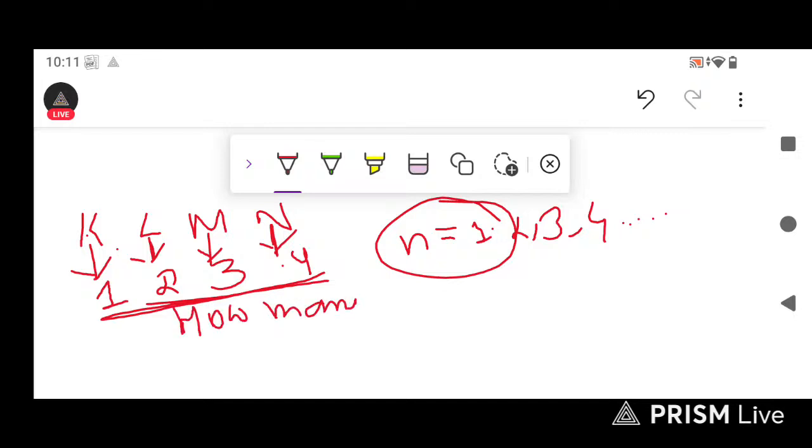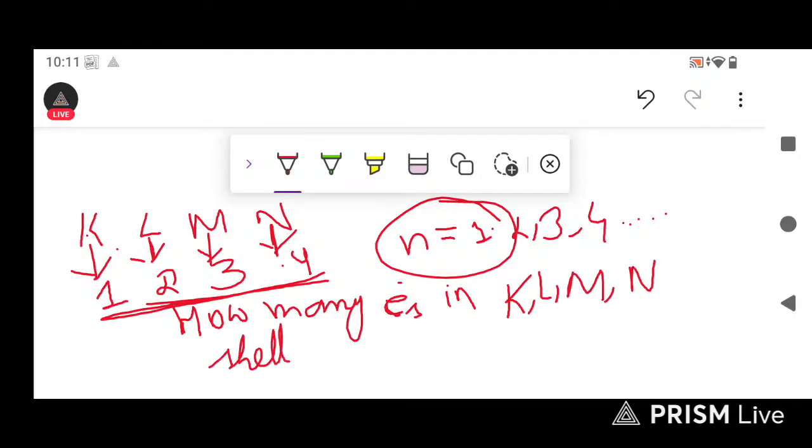How many electrons in K, L, M, and N shell? How many electrons in that shell? Answer in comments. I will take your comments, those who know about the shells.